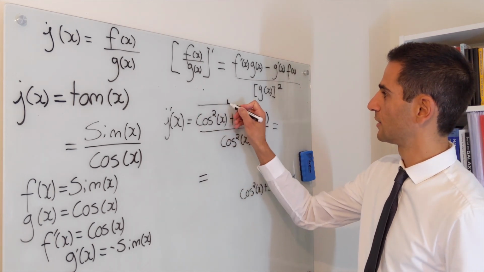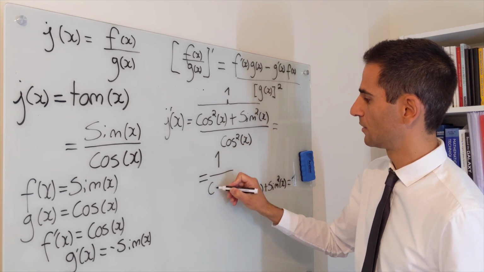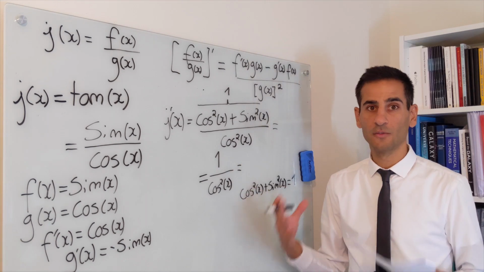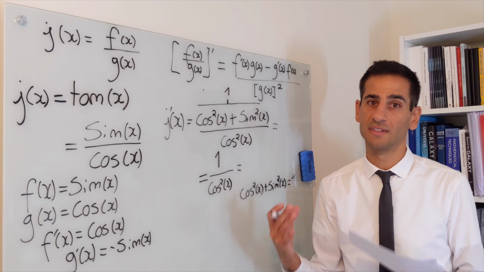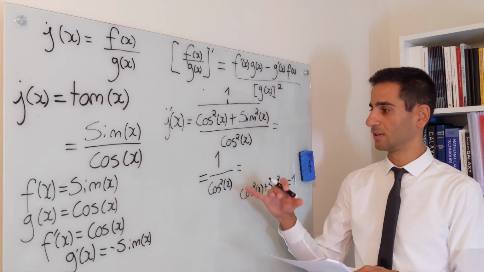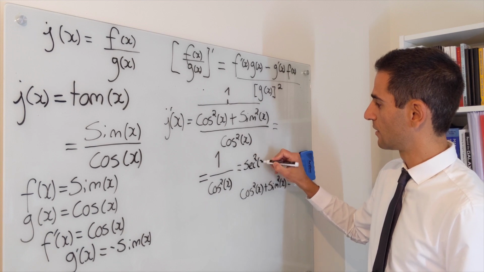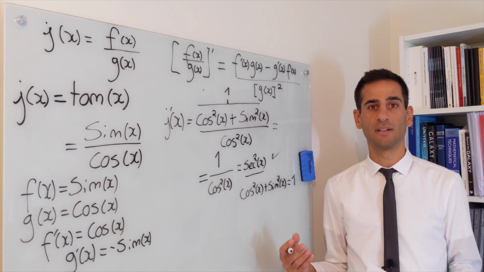We're going to convert this into 1 to get 1 over cos squared x. Finally, we can recognize that 1 over cos x equals the secant of x, and therefore the square equals secant squared of x. And this would be the final answer.